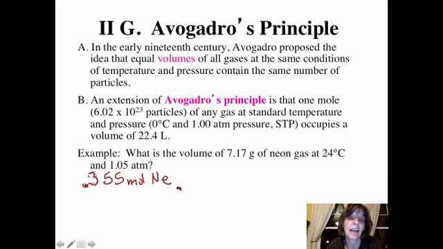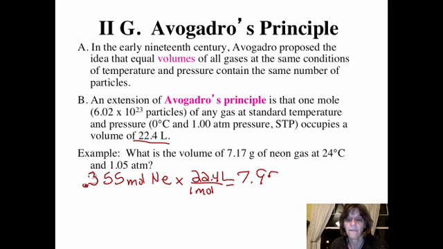Now we can use that to find the liters at standard temperature and pressure. So 1 mole has a volume of 22.4 liters, and that gives us 7.95 liters at standard temperature and pressure.